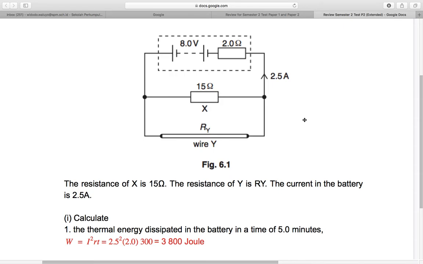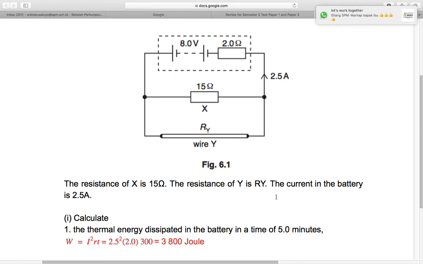This is the thermal energy dissipated in the battery in 5 minutes, which is 300 seconds. What about 2? 2 is in ohm, because the question is the thermal energy dissipated in the battery, which has internal resistance 2.0 ohms, in 5 minutes.